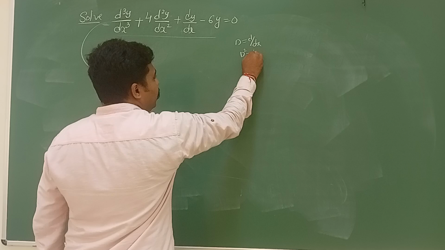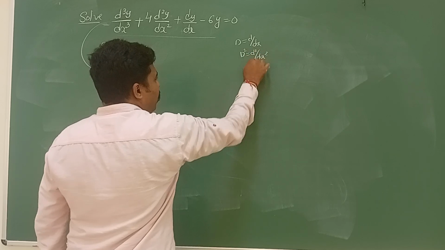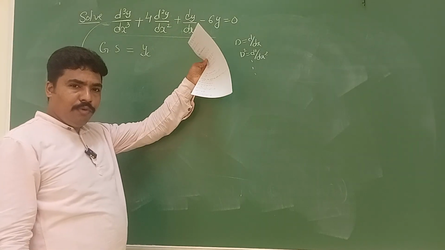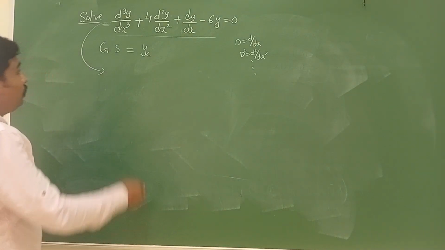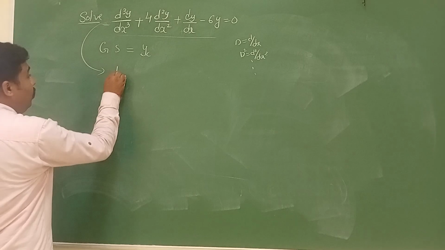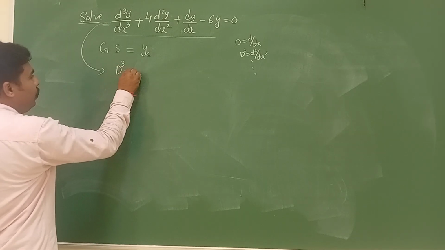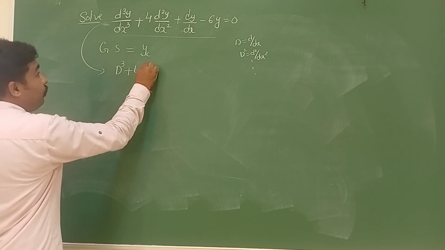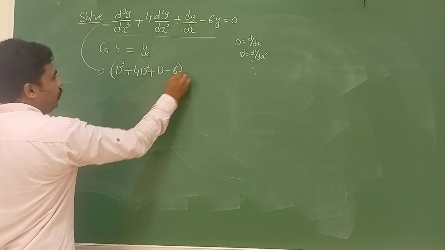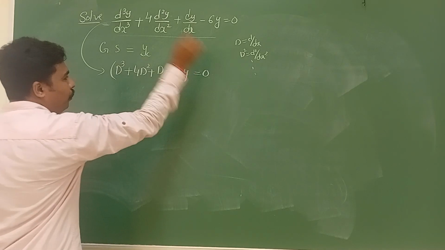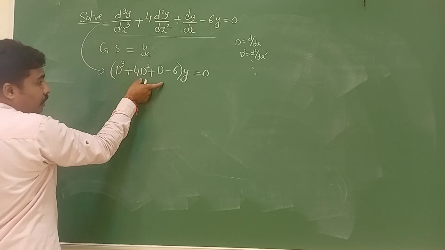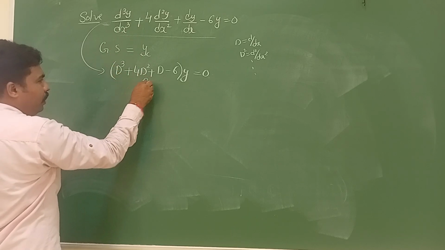D square means d square by dx square, etc. If any term t comes there, then we are supposed to use d by dt. Now it is understood y is a function of x. So this can be written as (D cube plus 4D square plus D minus 6) into y equal to 0. This is how to express the given differential equation into the standard form, f of D into y.